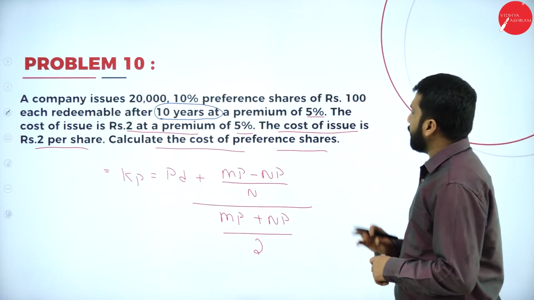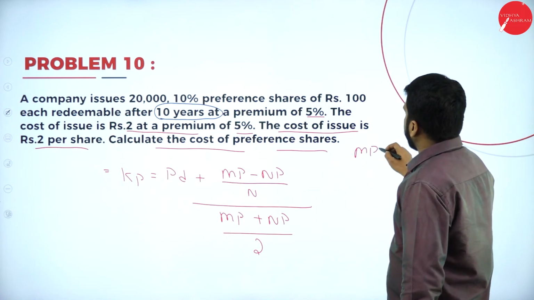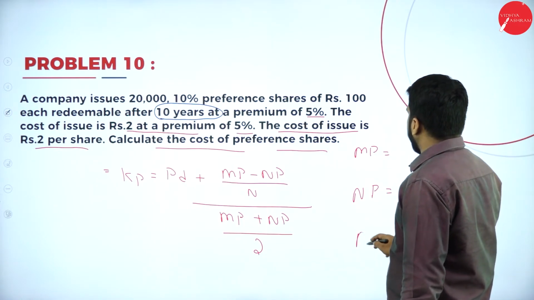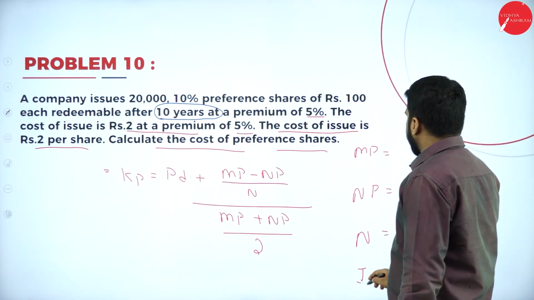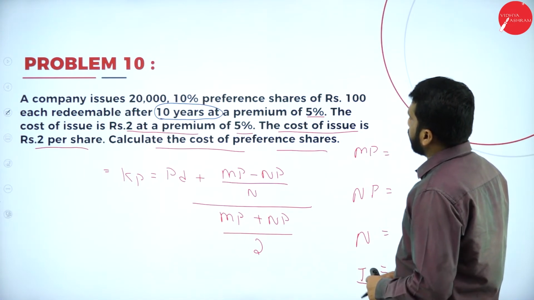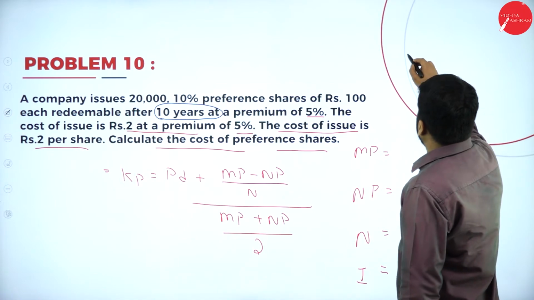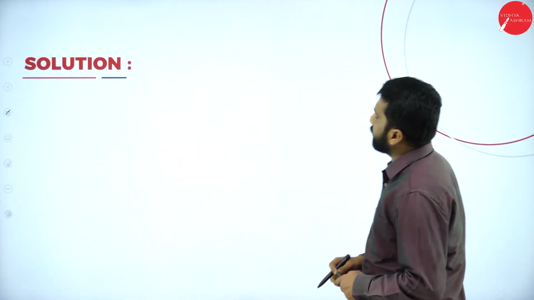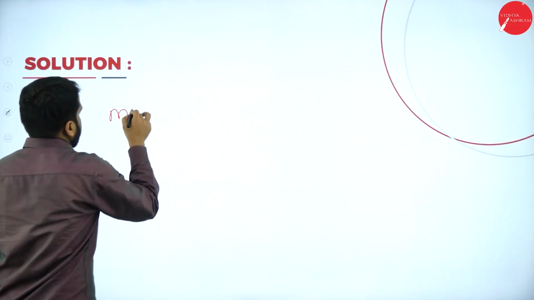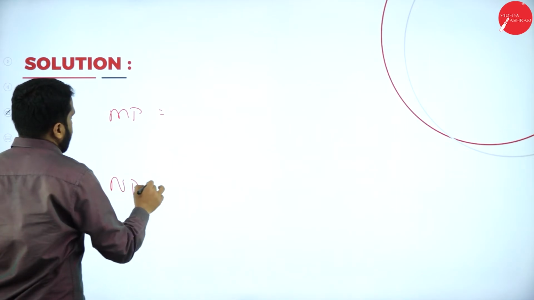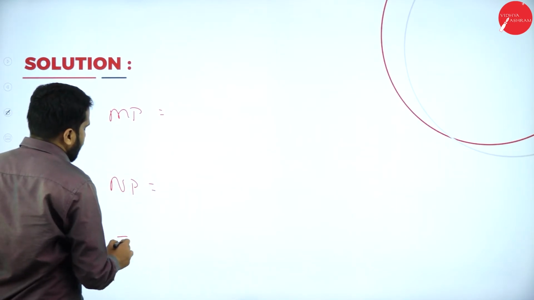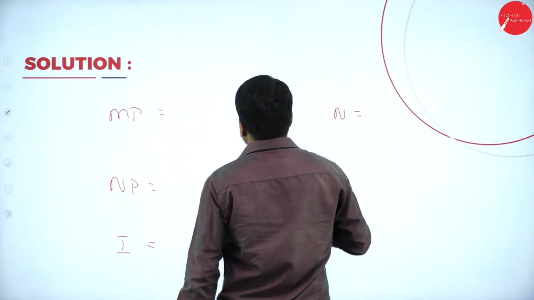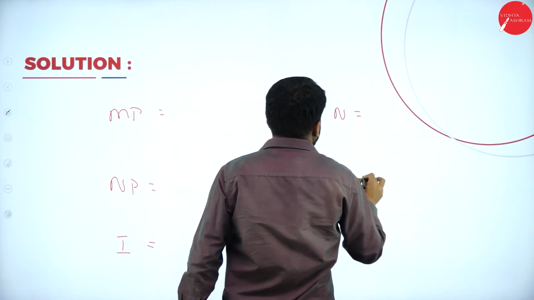Now, we need MP, we need NP, we need the number of years, and we need PD.